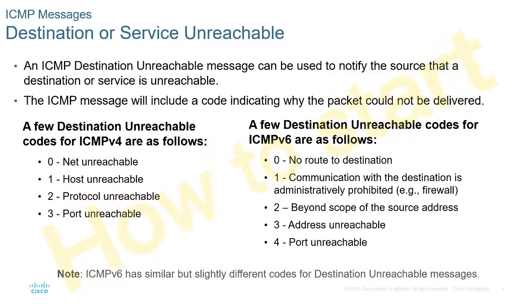If we're talking IPv6, some of the codes for unreachability are: 0, no route to destination; 1, communication with the destination is administratively prohibited, meaning there's an ACE or an ACL preventing the communication; 2, beyond the scope of the source address; 3, the address is unreachable; and 4, the port is unreachable.